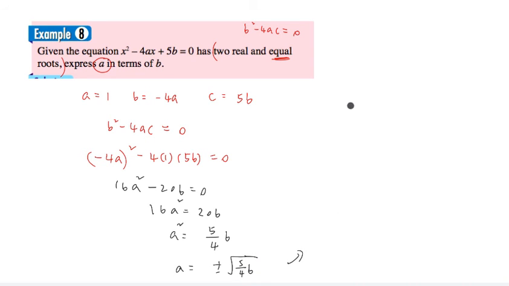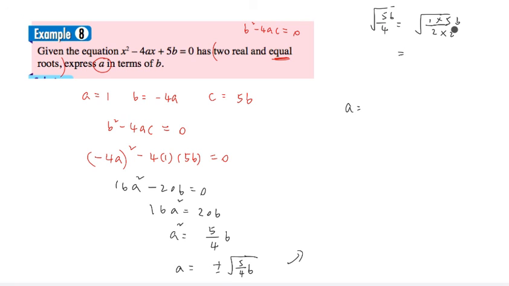We can simplify by factorizing this one, 1 over 4. Square root of 5 over 4 is the same as square root of 1 over 4 times 5, with b inside. The 2 times 2 can be taken out.